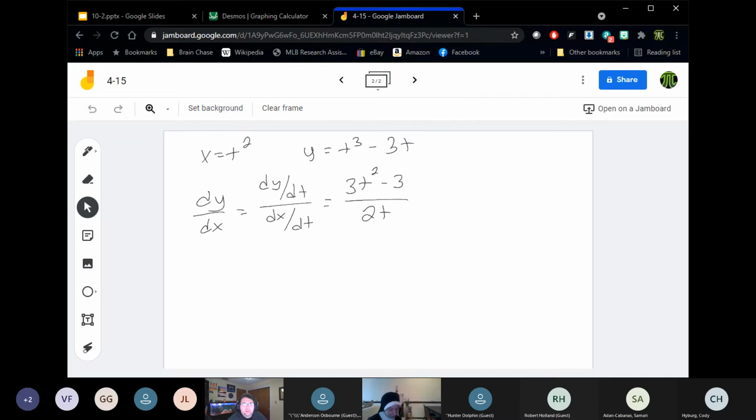Now I can simplify this down a little bit, and it ends up being 3 over 2 times (t minus 1 over t). So that is my derivative.